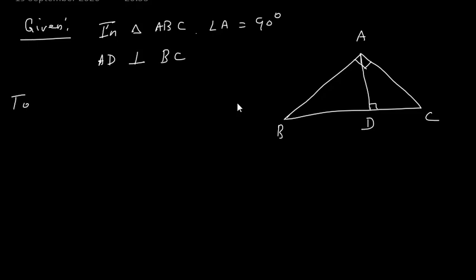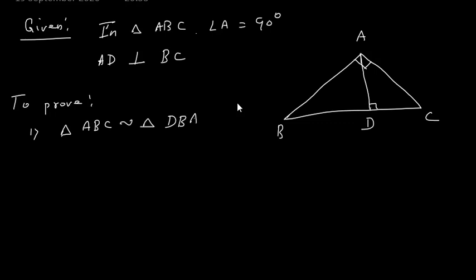So we have to prove first triangle ABC is similar to triangle, now I am taking this bigger triangle ABC, is similar to triangle DBA. So first I take triangle DBA.